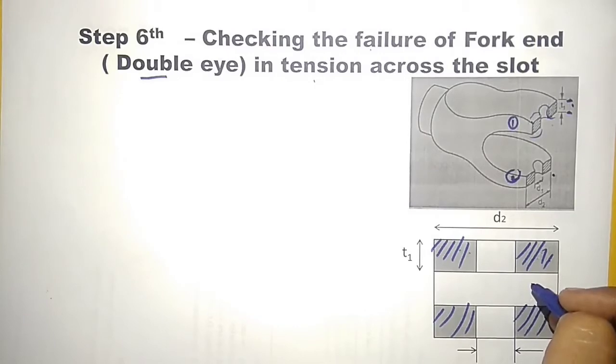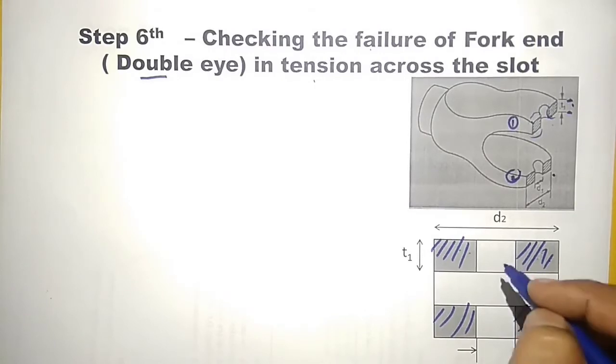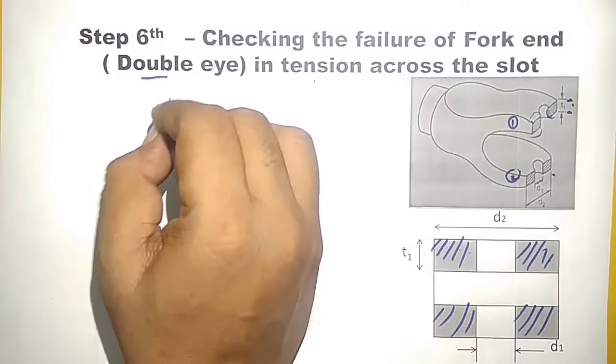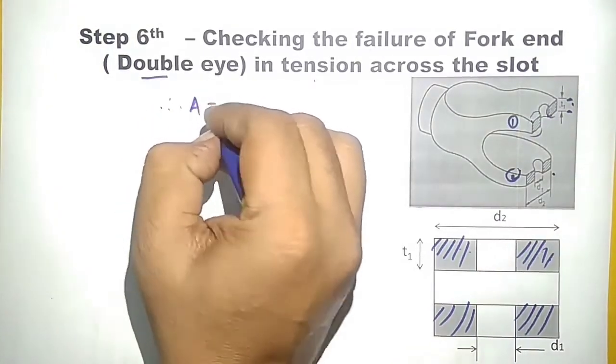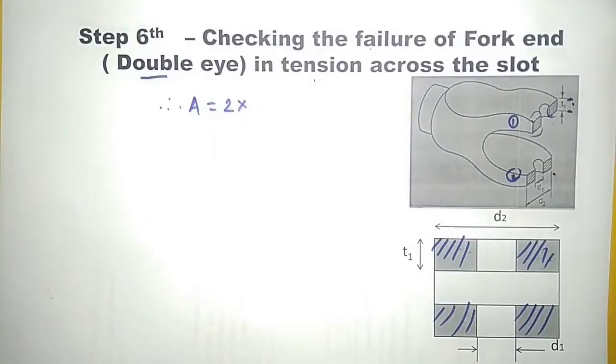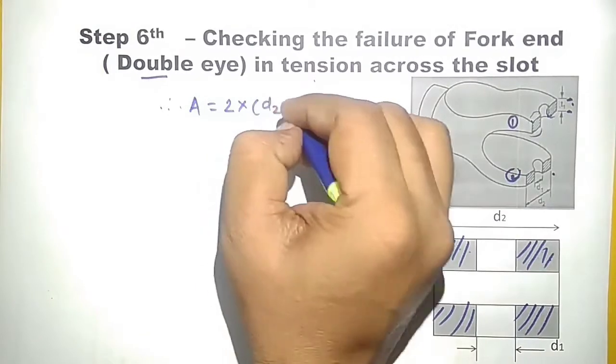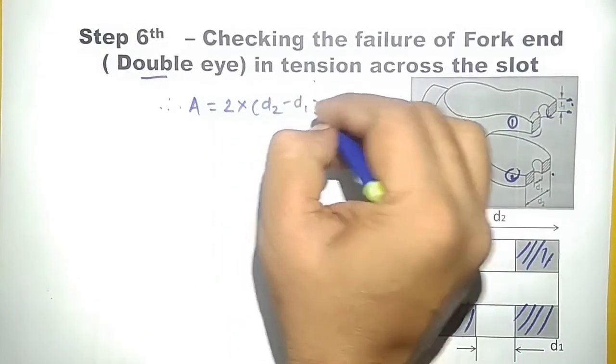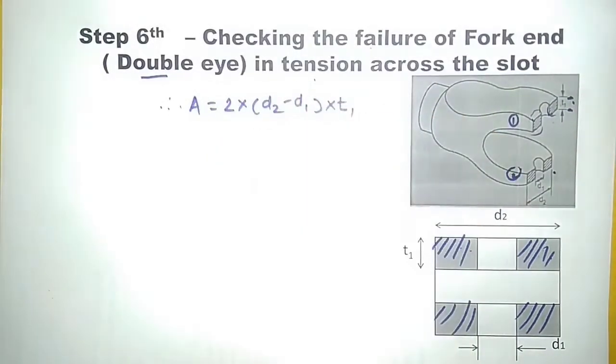What will be the area for the tensile failure? As in the tearing, multiply by 2 first of all, because of two ends, (d2 minus d1) into T1. Here we only replace t by T1 and multiply by 2 because of the fork end.